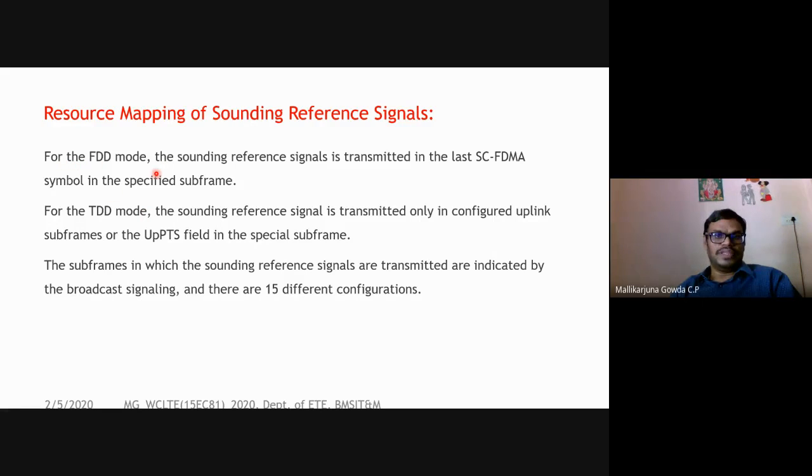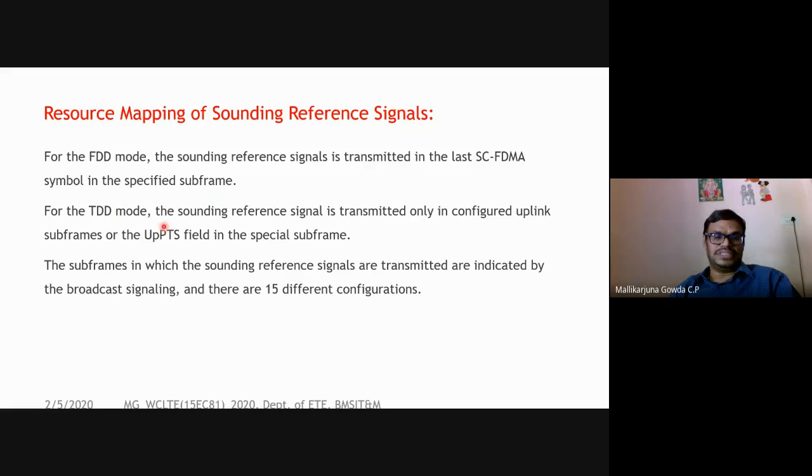For the FDD mode, the sounding reference signal is transmitted in the last SC-FDMA symbol in the specified subframe. For TDD mode, the sounding reference signal is transmitted only in the configured uplink subframes.